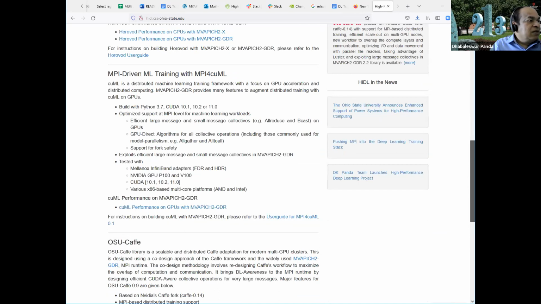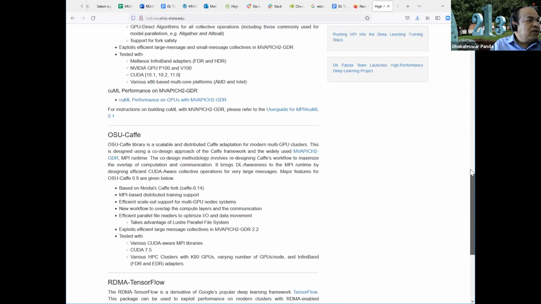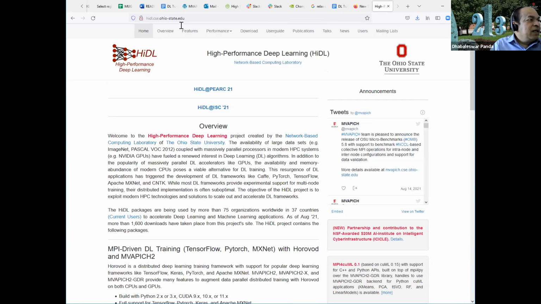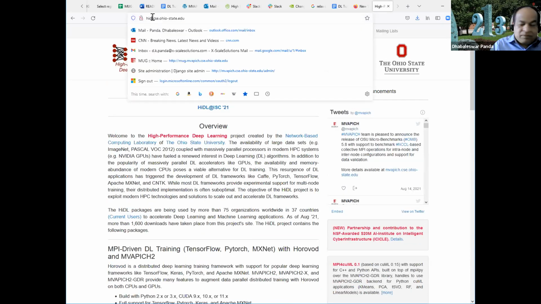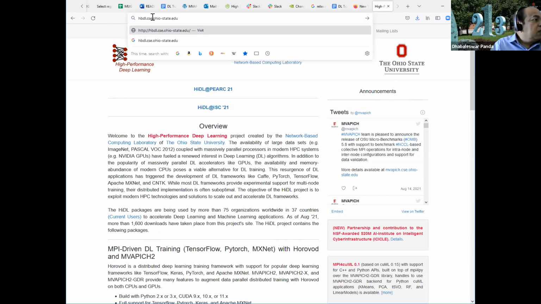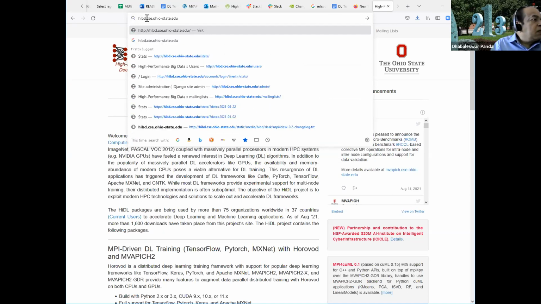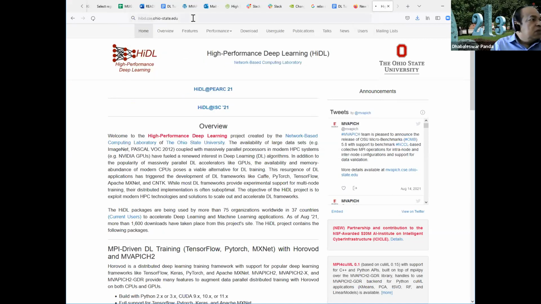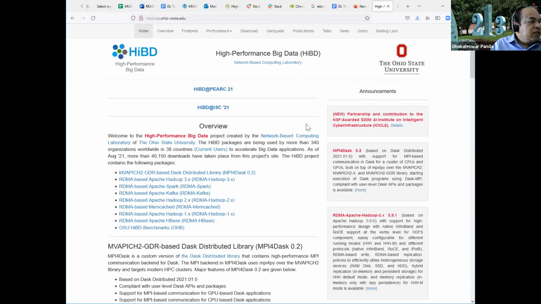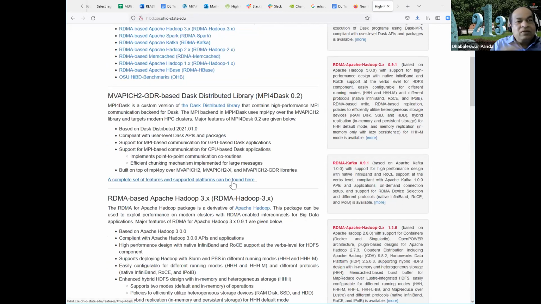MPI for ML, even the OSU Caffe I talked about, the user guide, and then on the high performance big data site, you will be able to find the MPI for Dask release. Again, all the user guides, everything is here. Whatever we talked about here or whatever you are doing hands-on, you should be able to recreate it on your systems and use it for your applications.